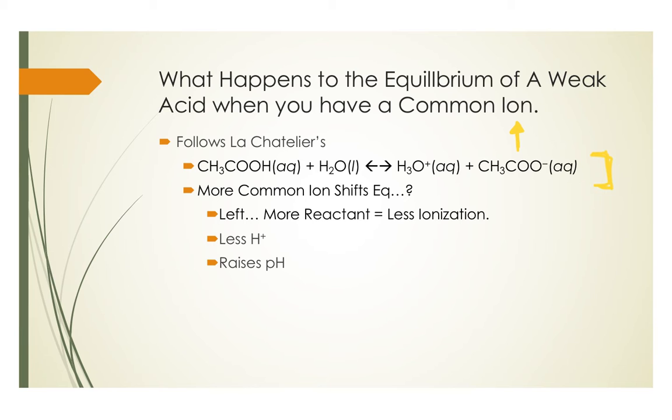That would cause a shift in the reaction to the left, which would decrease the amount of H3O+ and increase the amount of undissociated acid in the solution. So more of that common ion shifts it left, more reactant is produced, which means we have less ionization, less H+, and again, less H+ means that the pH is going to increase.